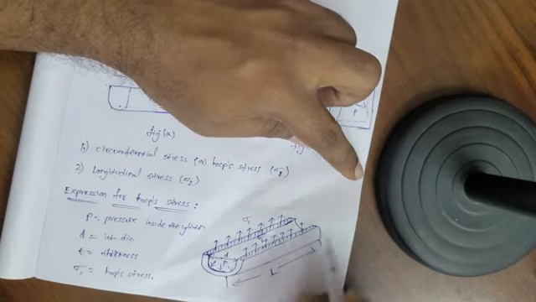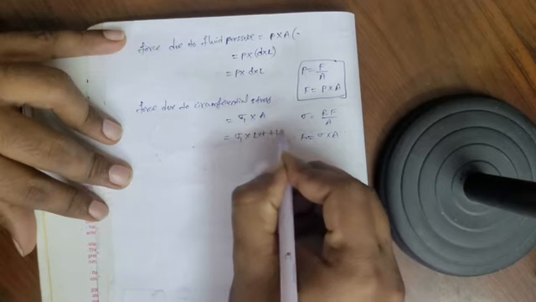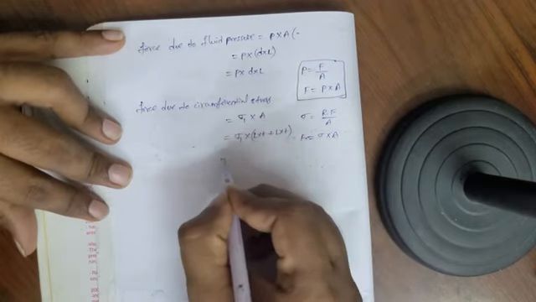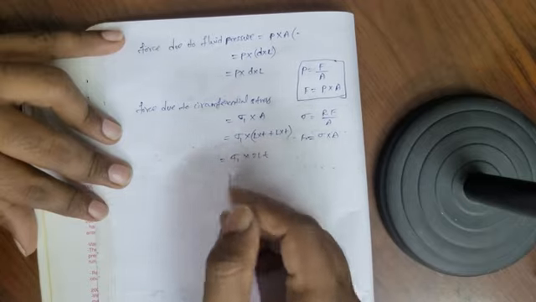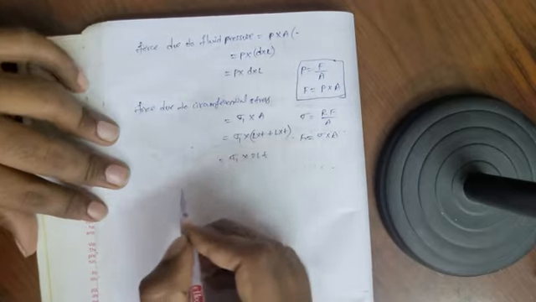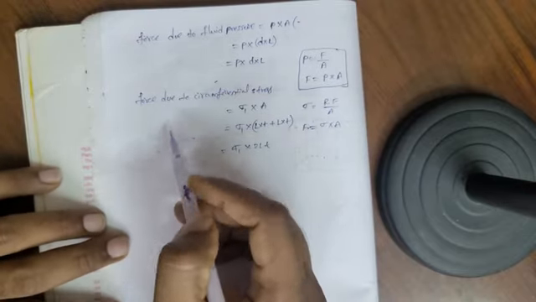So here the area is L into T plus L into T. So it can be written as sigma 1 into 2LT. On equilibrium condition, these two forces are equal.